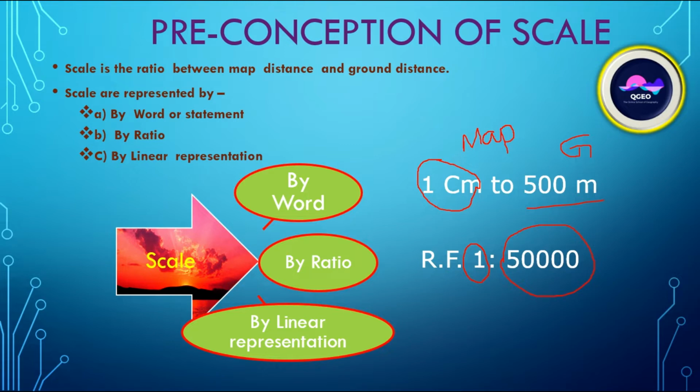In Bengali, we say numerator is lob and denominator is hor. In RF scale, numerator must be 1, and denominator may be something. Just remember this. You had already learned this.